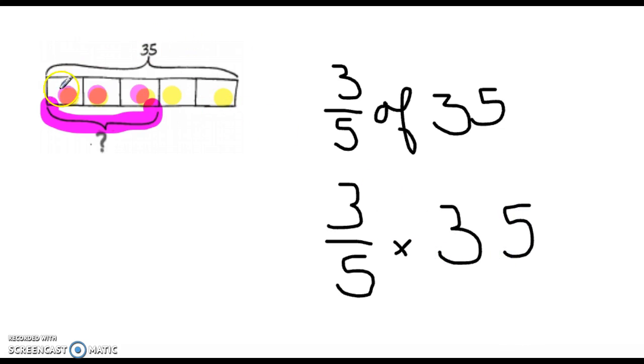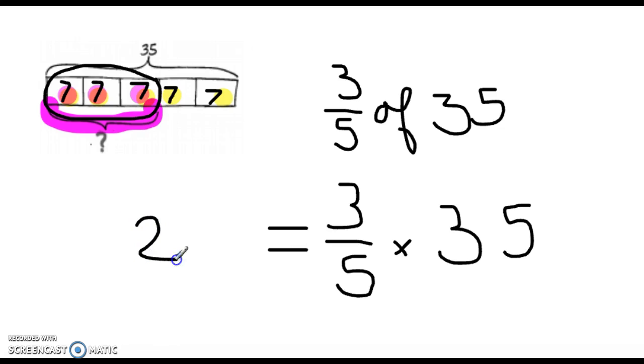Well, if I split 35 up into these 5 boxes, I know that I'm going to have 7, 14, 21, 28, 35. And then I only really want this much of it, so that would be 7, 14, 21. So 3/5 of 35 is in fact 21.